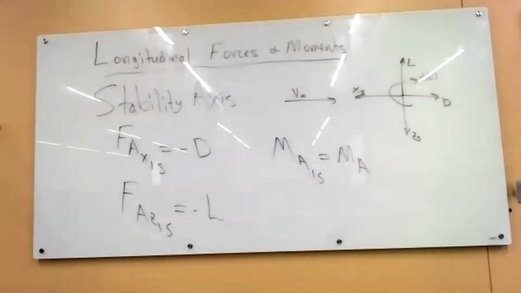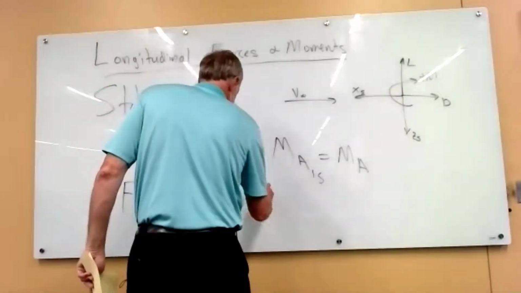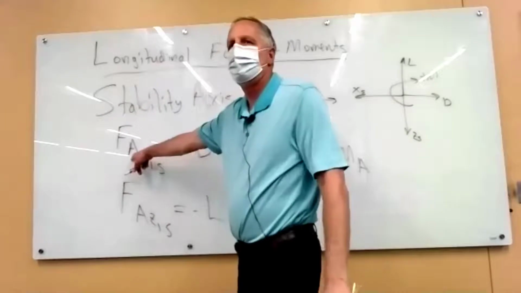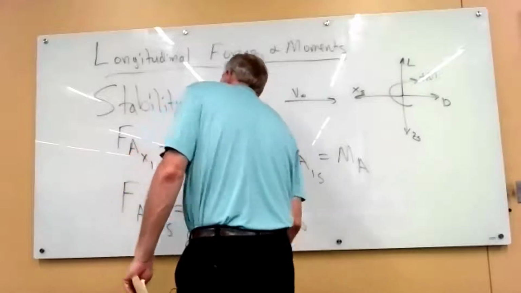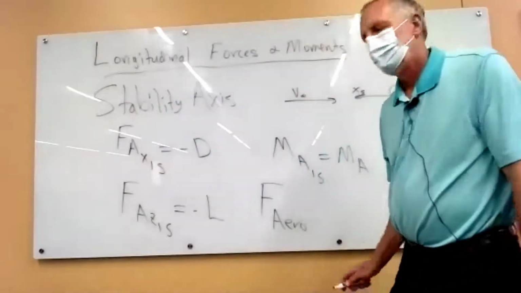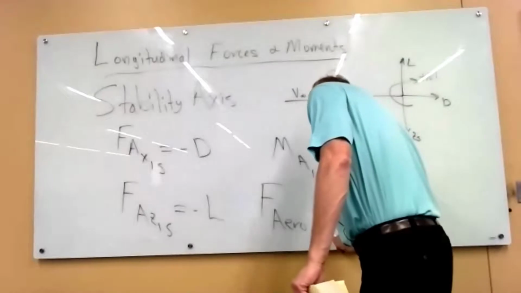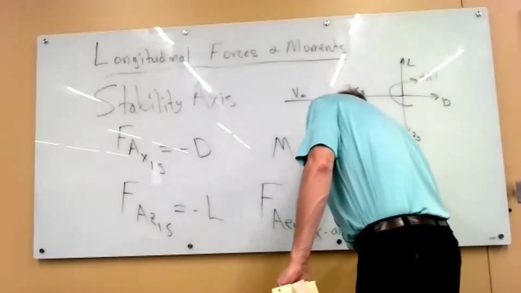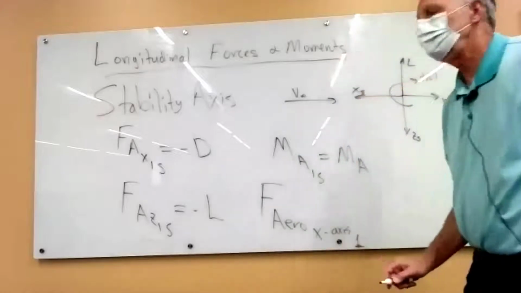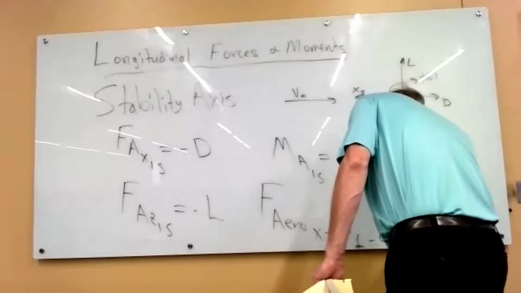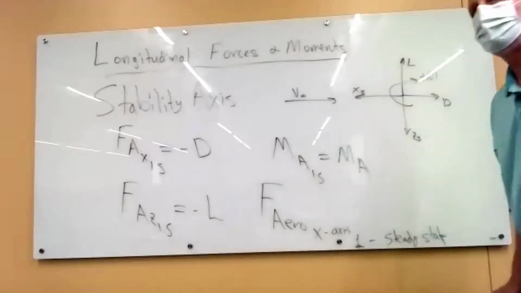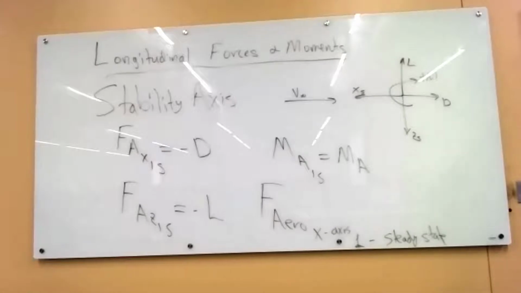So do you like the subscripts that we get into in this stuff? I mean, this is typical of a lot of science and engineering. So we've got F, and the A stands for, what does A stand for? Aerodynamic, right? And what does X stand for? It means it's the x-axis. And the 1 means, what does the 1 mean? Steady state. And the S at the end means stability axis, right?